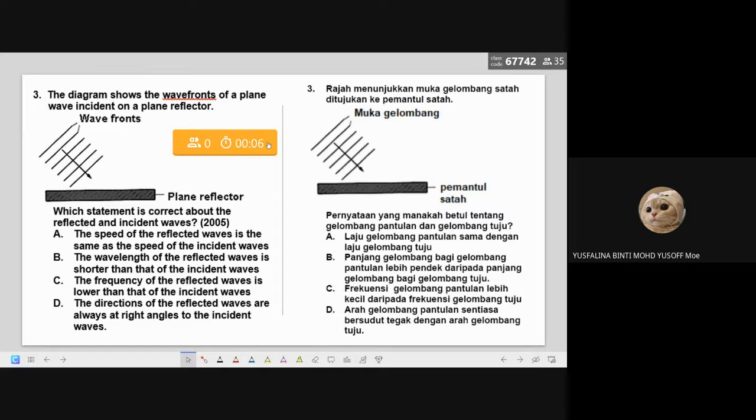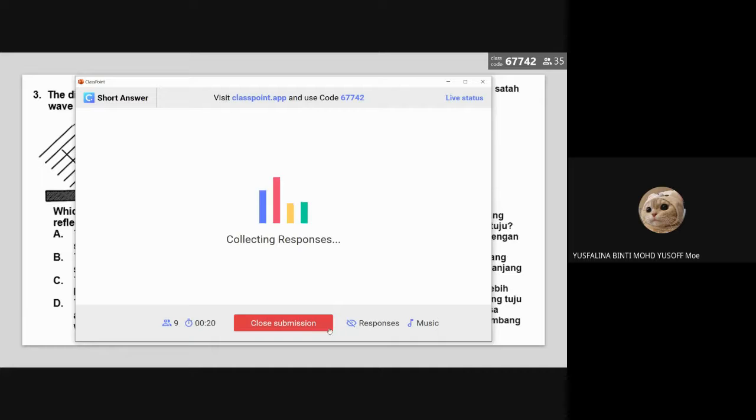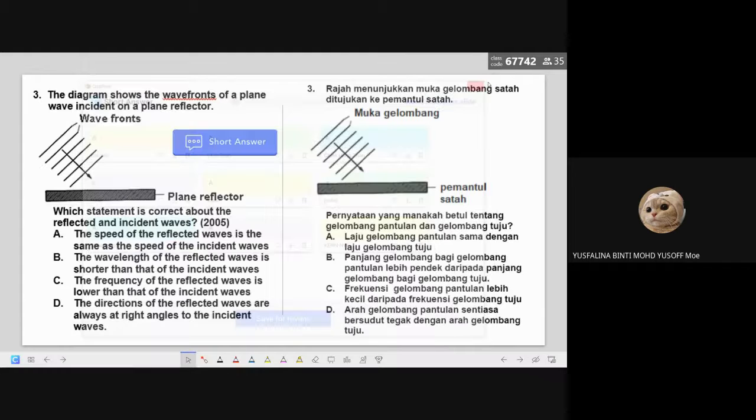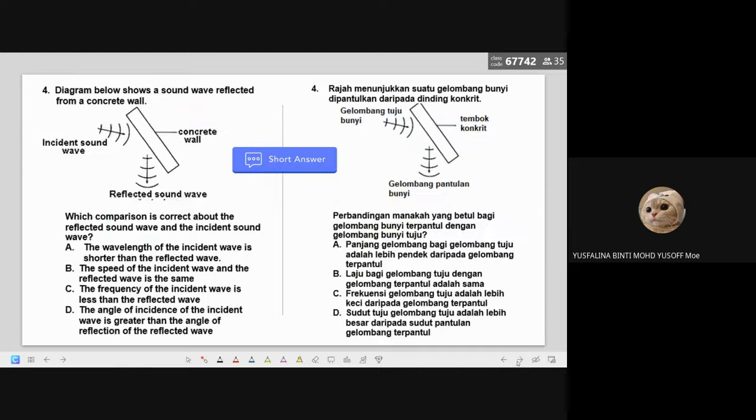It says here: the diagram shows the wavefronts of a plane wave incident on the plane reflector. Which statement is correct about the reflected and also the incident wave? Teacher, this one is already discussed. Oh, okay, sorry.